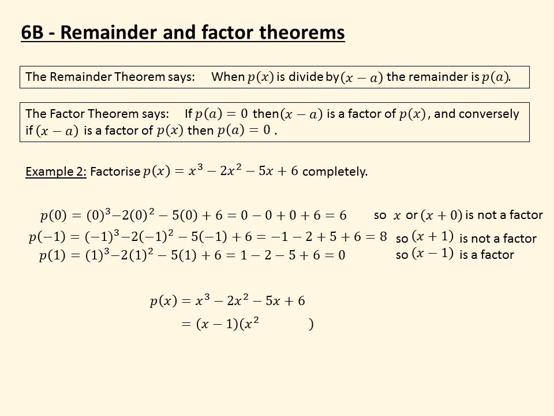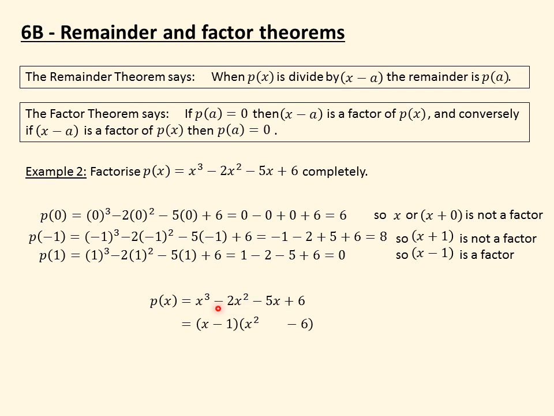The number term, 6, must come from minus 1 times the number in the quadratic. So this number in the quadratic must be minus 6. Now to get the linear term, we can look at the x squared term in the cubic or the linear term.